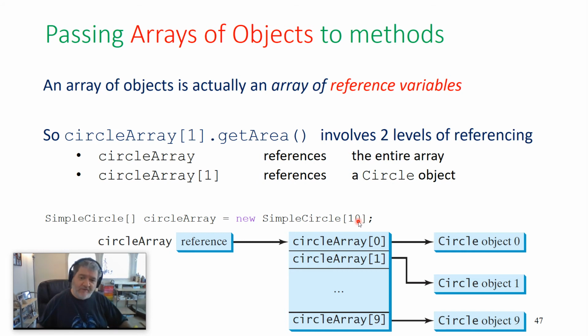I could ask you, what if I want a reference variable to refer to an array object, where each of the slots is a reference to another independent array of references to simple circle? I just created a matrix of simple circles.